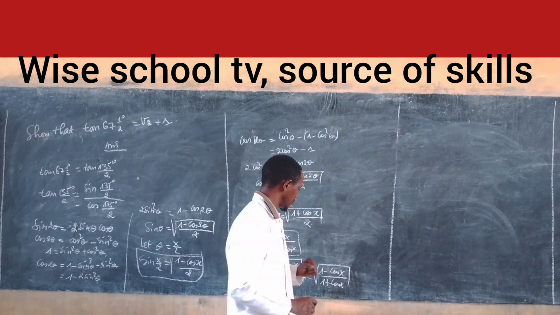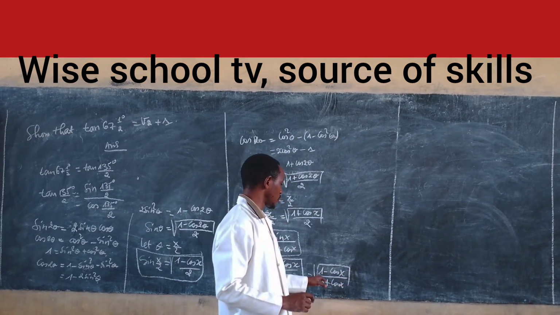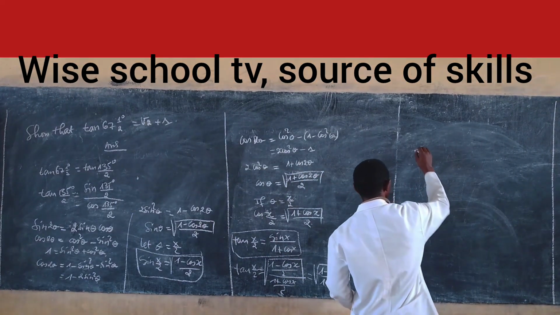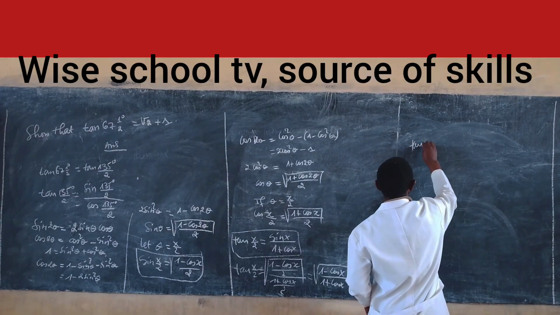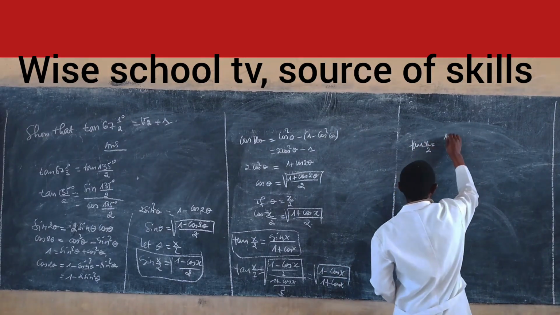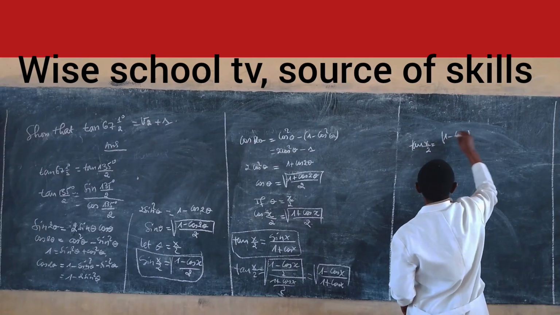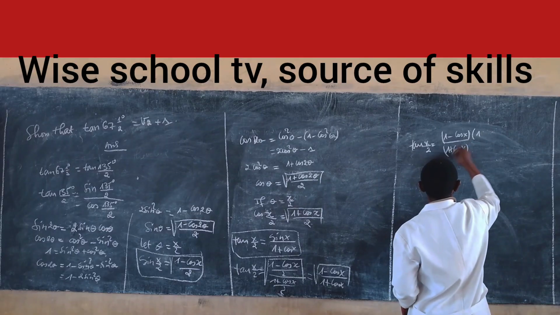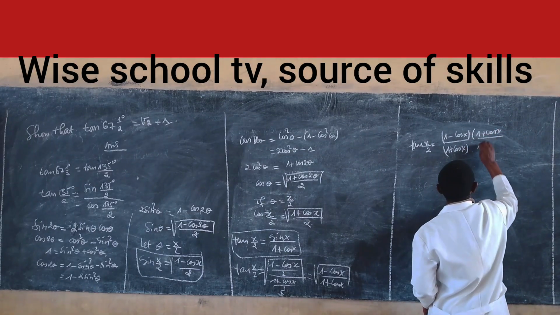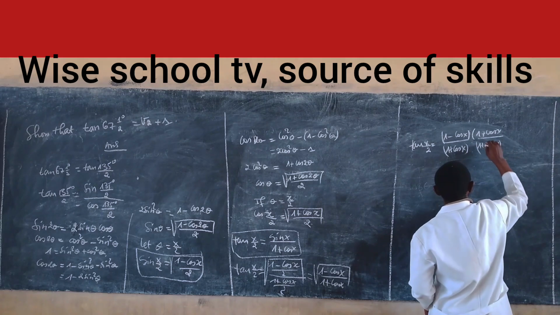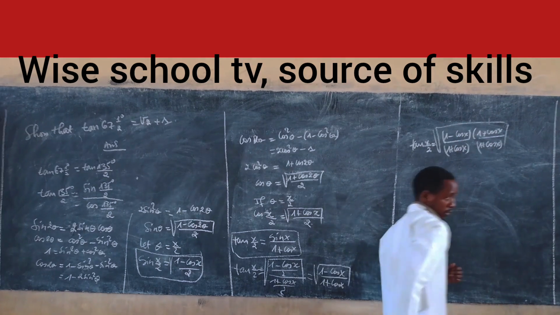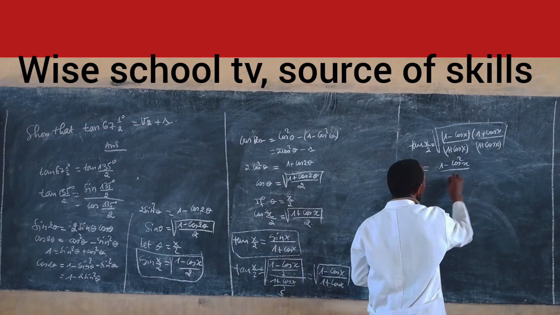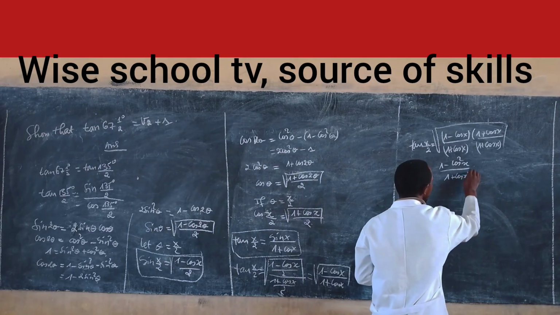So we get this. By rationalizing, eliminating this radical, we can remove it by multiplying the denominator in both sides. We get tan of x over 2 is equal to 1 minus cosine of x times 1 over 1 plus cosine of x times 1 plus cosine of x over 1 plus cosine of x. This is 1 multiplied to 1 under the square root. This is 1 minus cosine square of x divided by 1 plus cosine of x to the power 2.